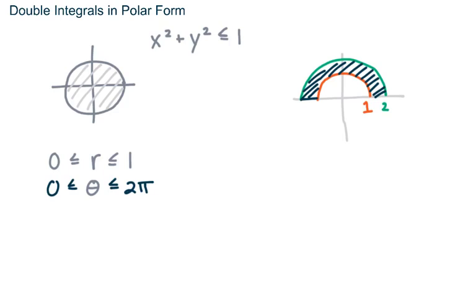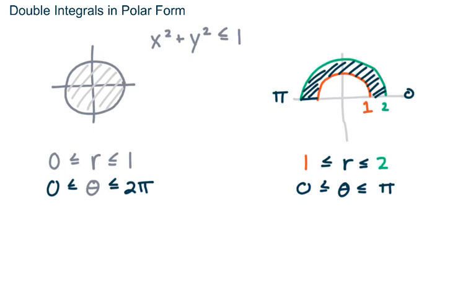If we wanted to define this using polar coordinates, the radius would be between 1 and 2, and my angle measure theta would be going from 0 to, not 2 pi as I started to write, but 0 to pi.